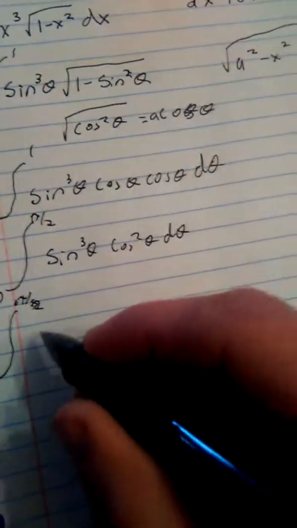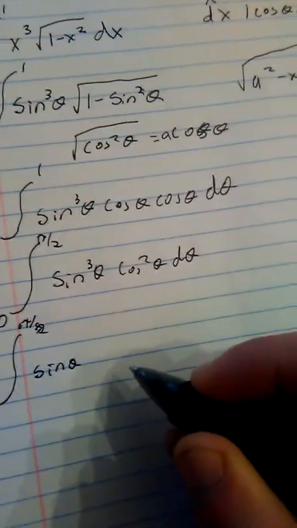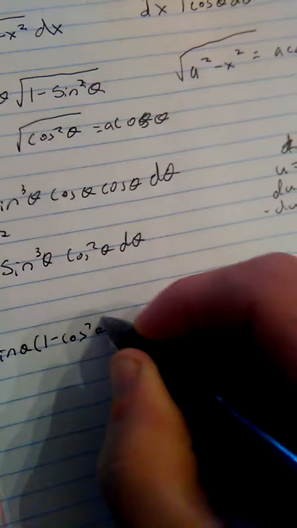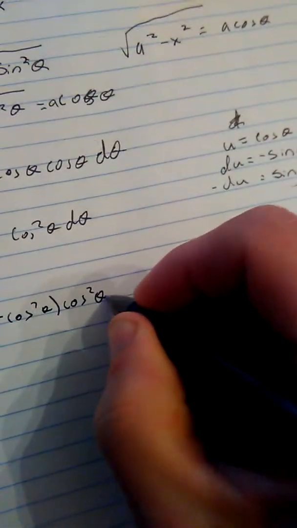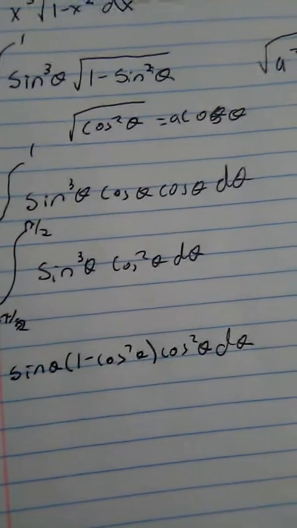And we can substitute sine cubed theta for a sine theta and a sine squared theta, or a 1 minus cosine squared theta, and then cosine squared theta d theta. So now we have our sine theta d theta, and we have everything else in terms of cosine, or in terms of u.